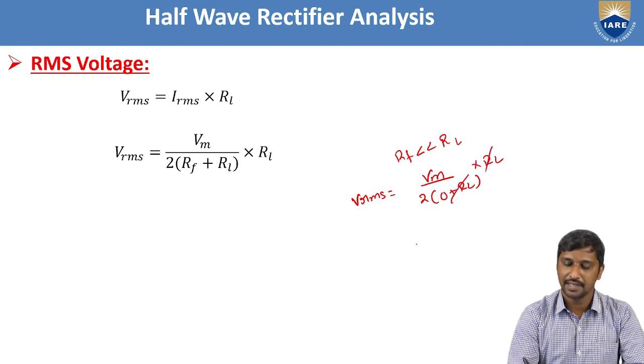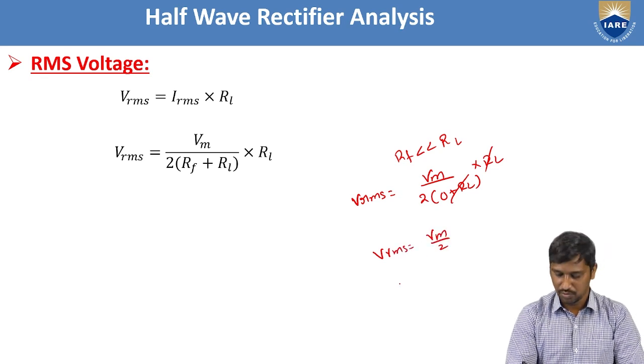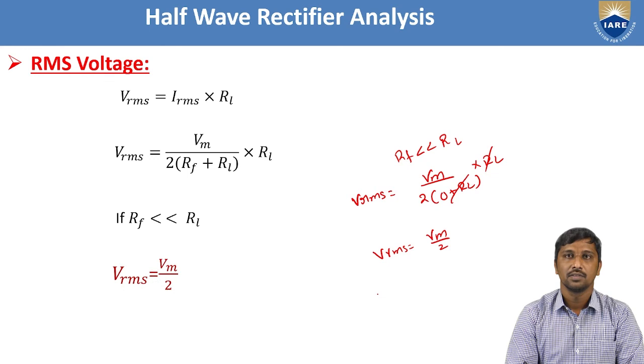This RL gets cancelled, and VRMS becomes Vm by 2. So VRMS is equal to Vm by 2.